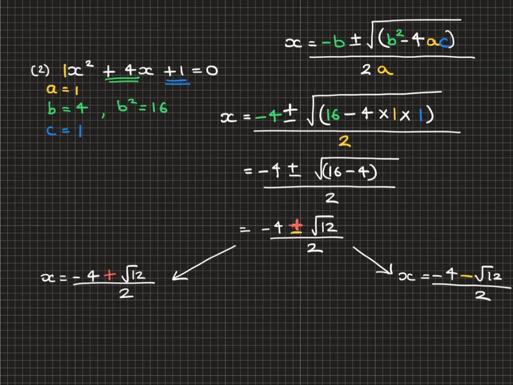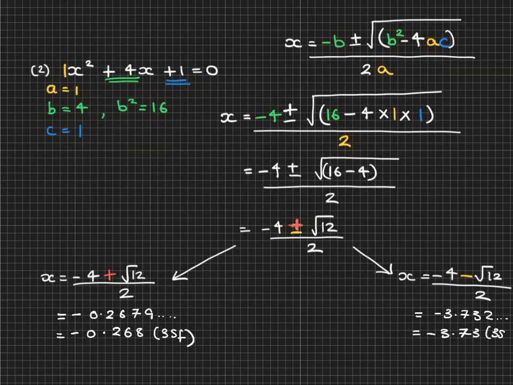Now, input this into your calculator and let's see what we get. So for this answer, we get a value of -0.2679, which is -0.268 to 3 significant figures. And for this value over here, we get an answer of -3.732, which is -3.73 to 3SF. So we can find decimal values and then round them.